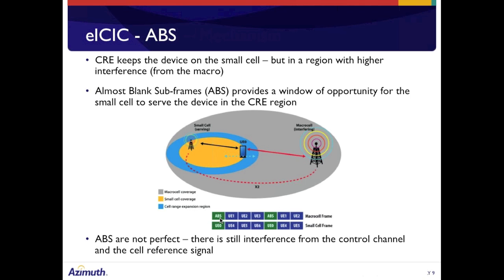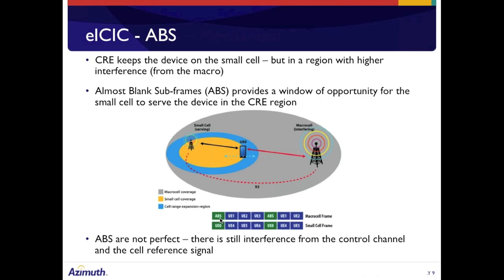So that's the whole point. It's not simply that we are shutting off these subframes and allowing someone else to transmit, because there's always going to be interference from somewhere else. So it's just a matter of reducing the interference enough to do the job that you're trying to do.